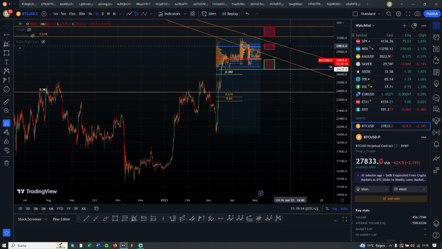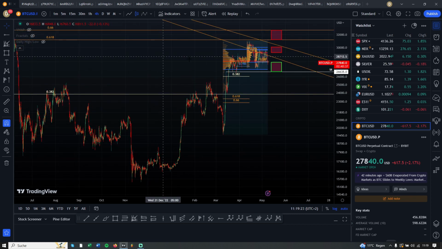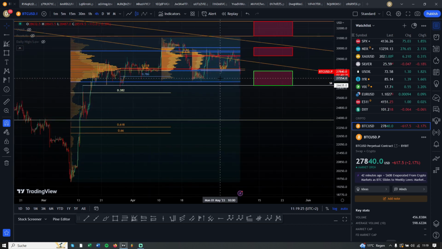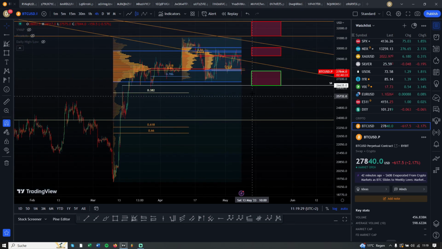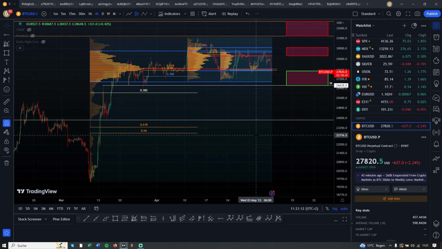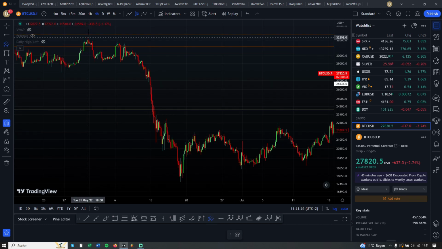Now continuing the analysis, we have a big Fibonacci speed fan, also the 0.66 and the 0.618 fib level, and we are basically sitting right at it. This is currently acting as big resistance too. Furthermore, another resistance level, this pitchfork here.